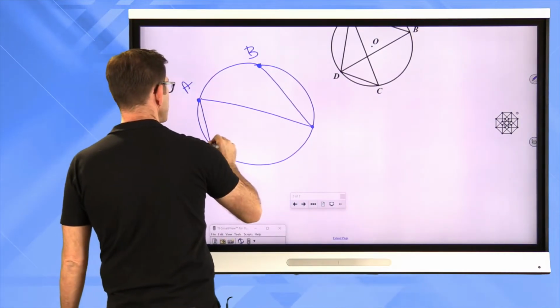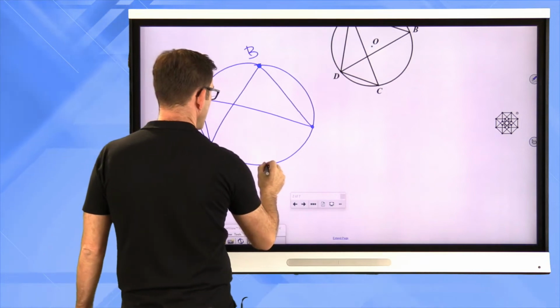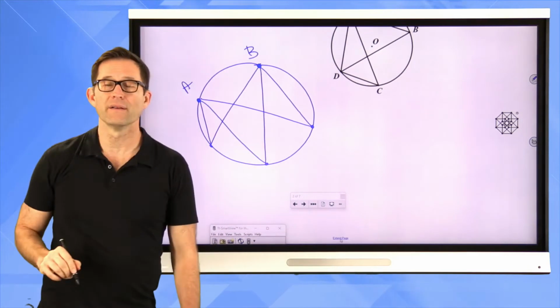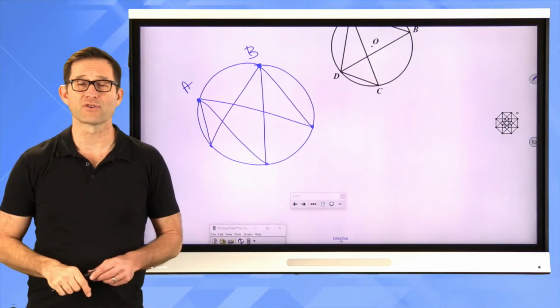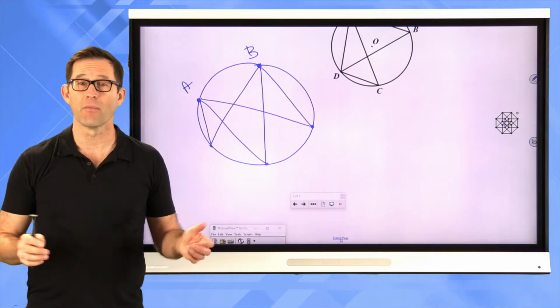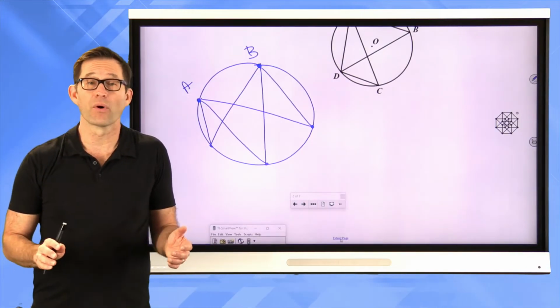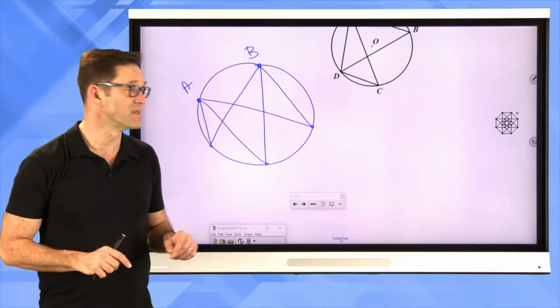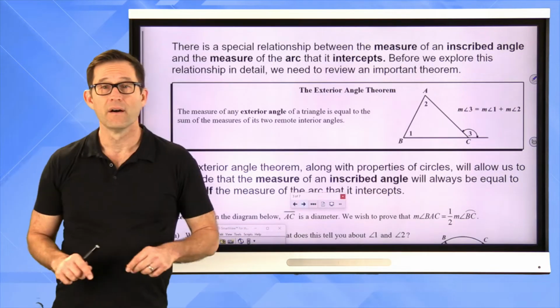If I had this, that would intercept that arc. This one would intercept that arc. So it's very, very common for multiple inscribed angles to intercept the same arc. Why that's important, we'll get to later, but for right now, the answer to that is obviously yes. All right, let's keep going.